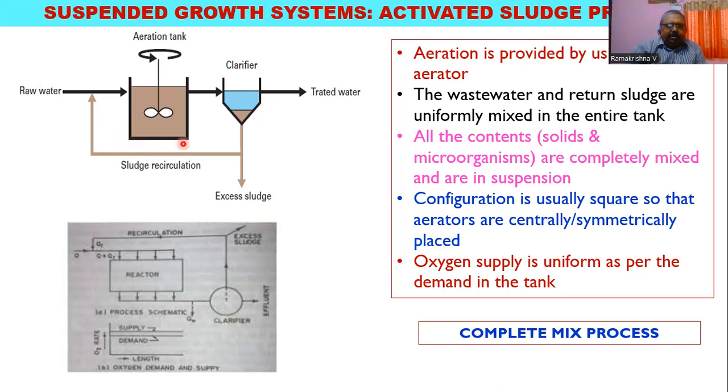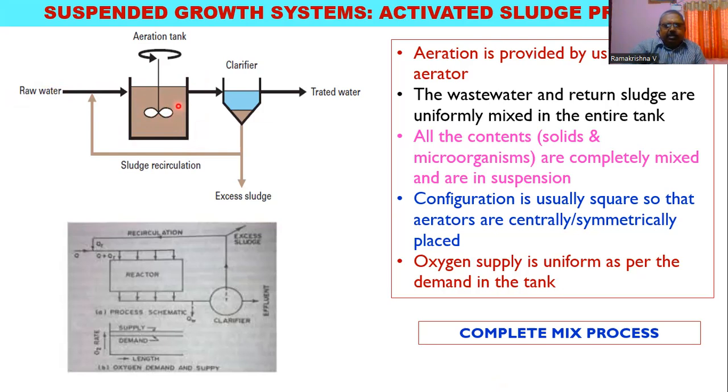The raw wastewater is coming, and then all the contents are stirred using an aerator. Because of this, all the solids and wastewater will be in floating condition, so that the bacteria can easily reach the organic matter and start decomposing. So this is the process happening in this mechanism.